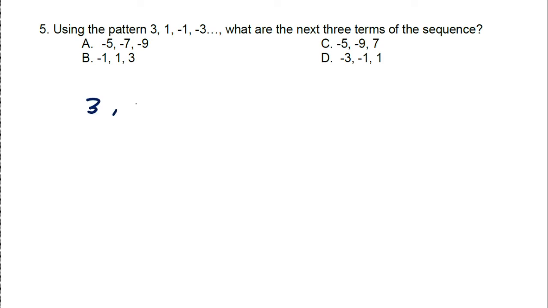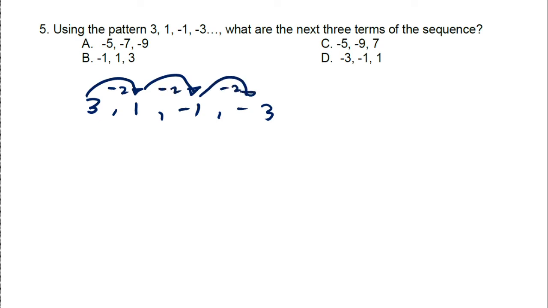We have 3, 1, -1, -3. From 3 to 1, there is a rule that we add -2. From 1 to -1, we also add -2. From -1 to -3, we add -2. So this is the rule. We are adding -2 to each term.